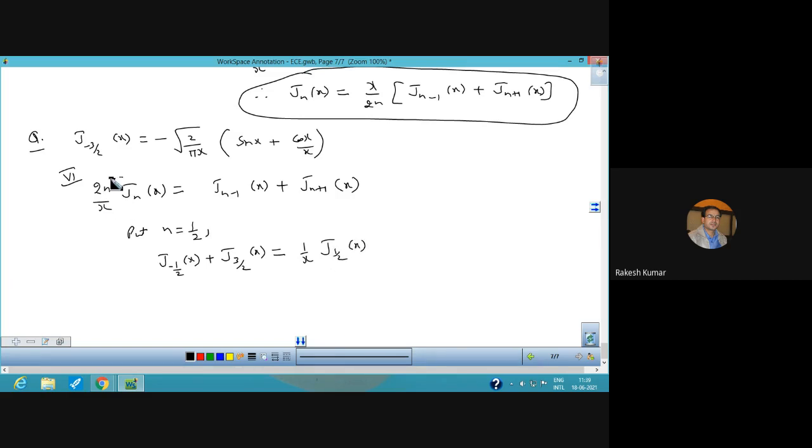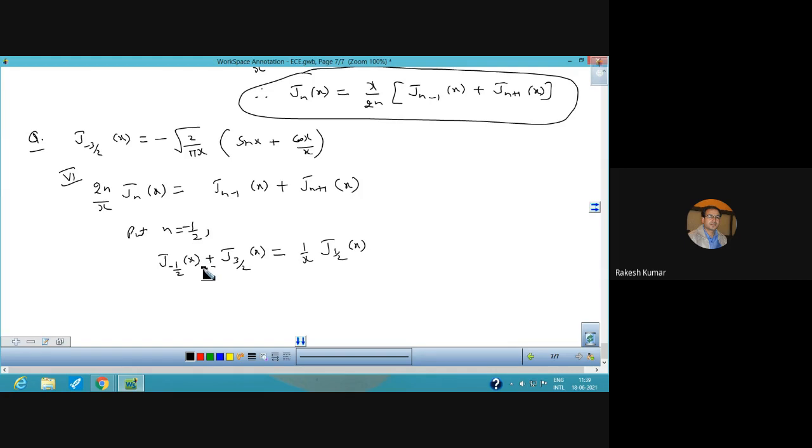Now you just see what we want to do. We want to find out the value of J minus 3 by 2 x. So for this, we need to put n as minus 1 by 2.